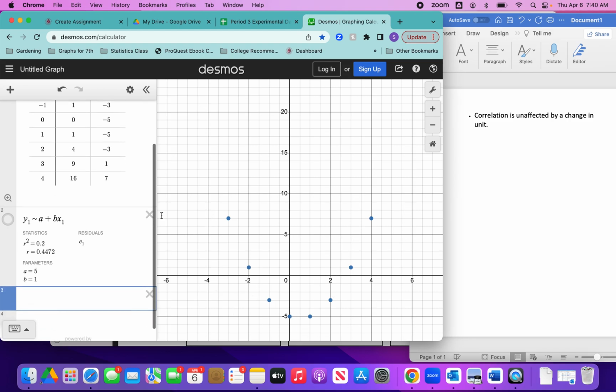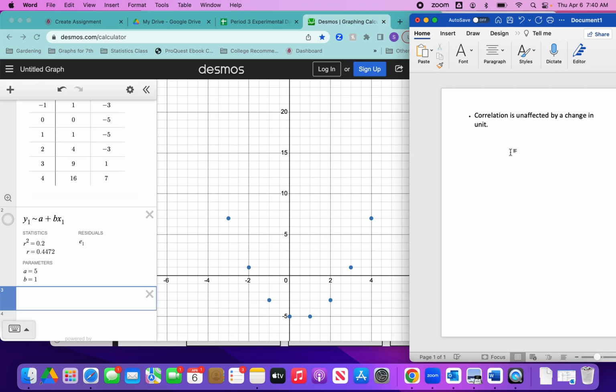The residuals themselves have a pattern, and so you would once again say linear regression is not appropriate if your residuals show a pattern.